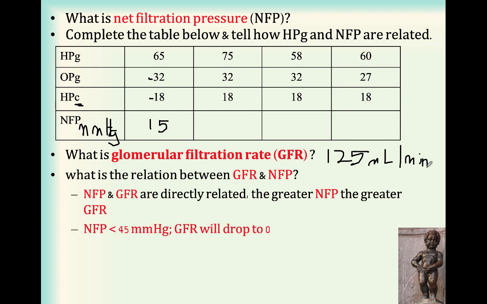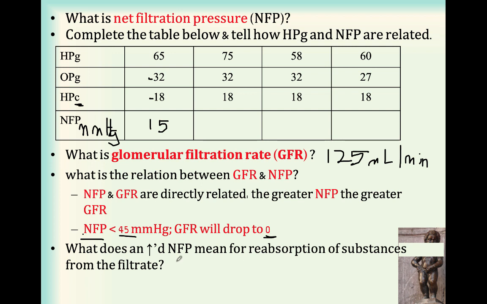Okay? Now, the net filtration pressure, again, is critical. If it drops too low, under 45 millimeters of mercury, GFR drops to 0, you're not creating any urine. Well, that means you're not reabsorbing good stuff, and you're not getting rid of the bad stuff, which quickly will become toxic and will be a problem. And so that's why the kidney is essential to people.